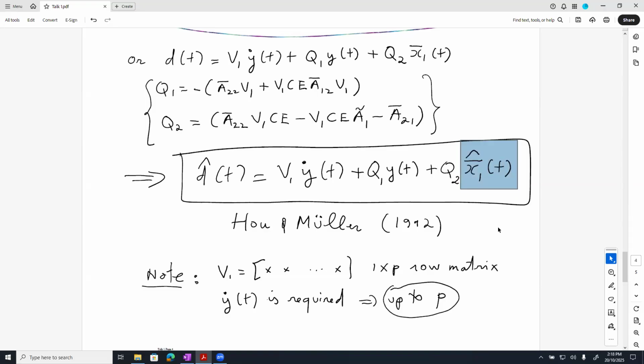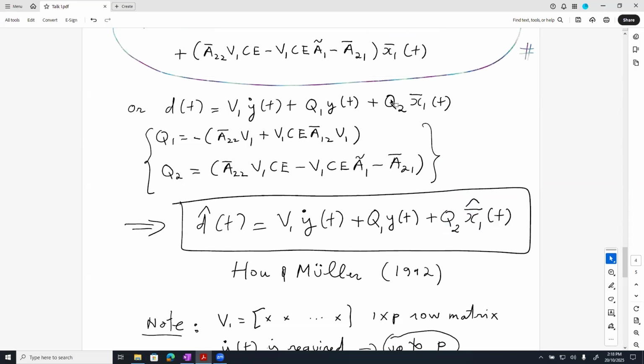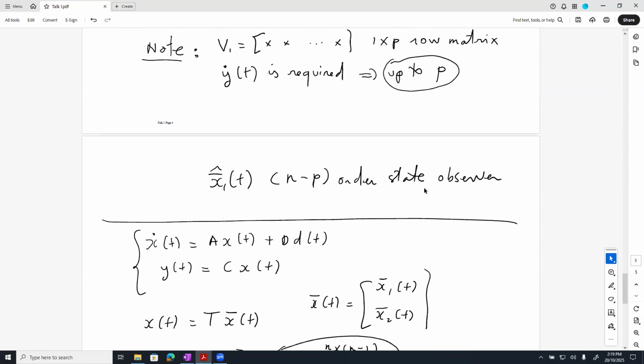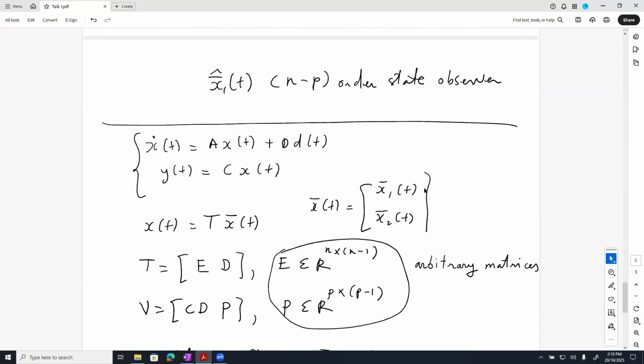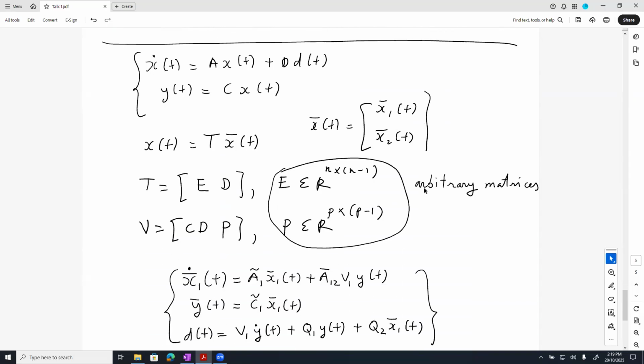Now with the recent development on functional observers, instead of designing the stack vector x1 bar, we should design a scalar linear functional observer to estimate that function, and that will give us a much simpler observer structure. That is something that we're going to discuss later on. So in summary, according to Hou and Muller, the way it's done is a very elegant matrix decomposition method, very easy to follow.